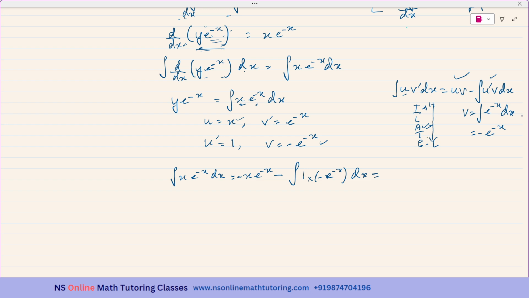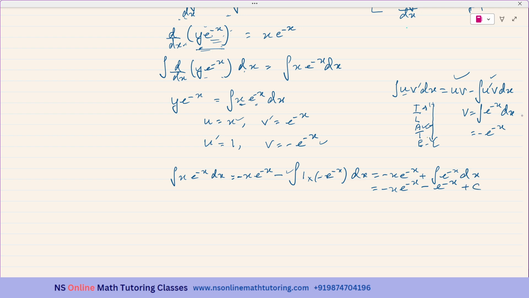Okay, so this is equal to negative x e to the power of negative x, and this is minus, so it is plus the integral of e to the power of negative x dx, which is equal to negative x e to the power of negative x, and this one will be negative e to the power of negative x, and ultimately we have to include the plus c.